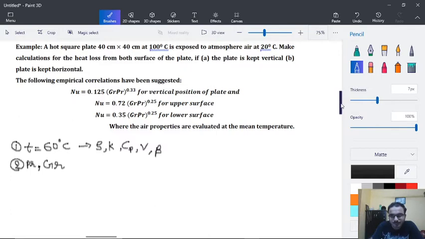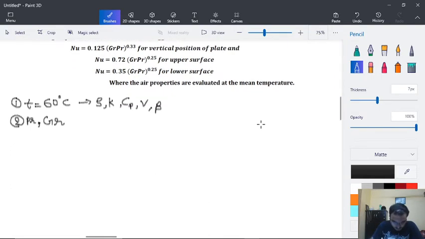Now the third step is, based on these two, we will obtain the product of these two, that is Gr into Pr. We will first consider the vertical plate, vertical position.